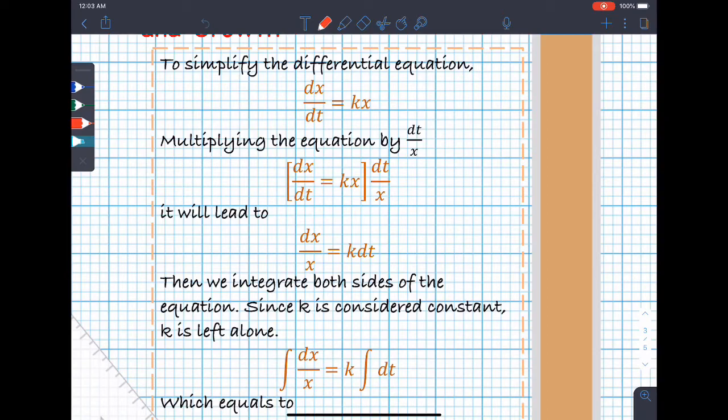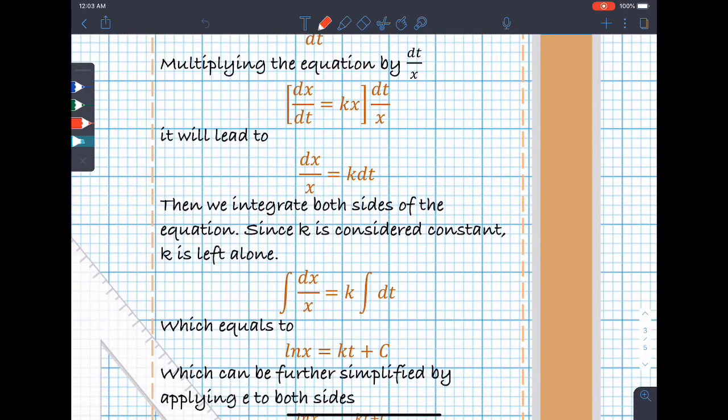And then if we integrate both sides, the integral of dx over x gives us ln x, and that would be equal to kt plus c.